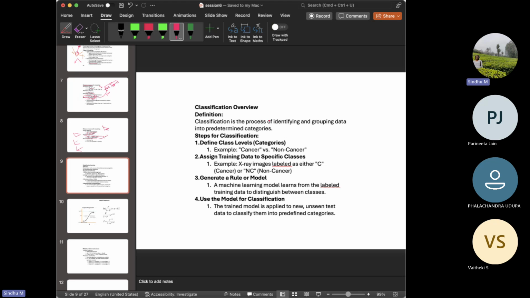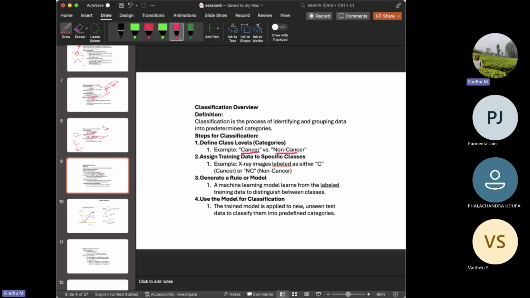So in classification, given the data, we put them into different classes. For example, maybe we are diagnosing, we have some test samples, and we have to classify those samples as cancer or non-cancer. The first step is to define which categories we are interested in, or what is the basic use that we want. The second step would be to do some training of the model. In this case, we can give X-ray images, and initially we have to label the images as well.